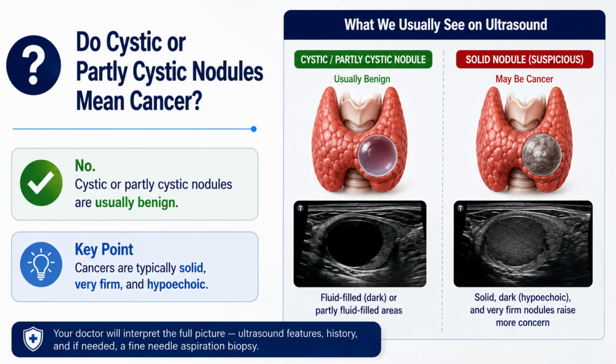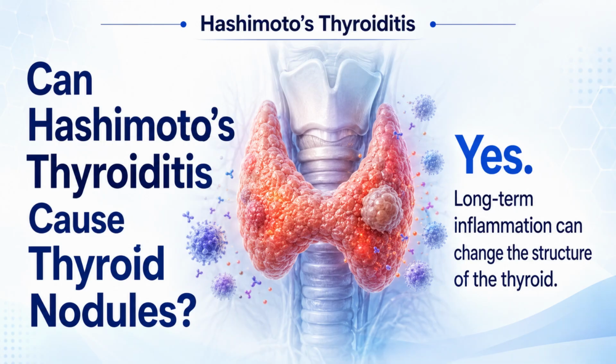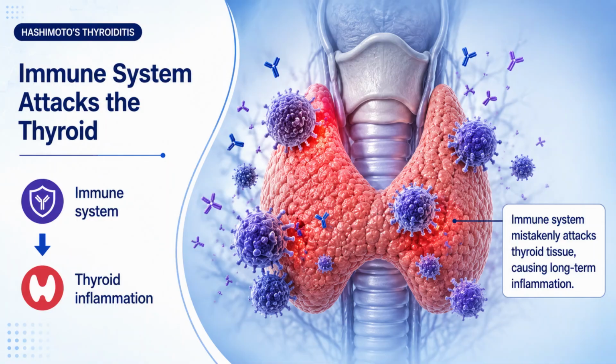Now let's move from physical changes inside a nodule to inflammation. Can Hashimoto's thyroiditis cause thyroid nodules? Hashimoto's thyroiditis is an autoimmune condition. This means the immune system mistakenly attacks the thyroid gland and causes long-term inflammation.